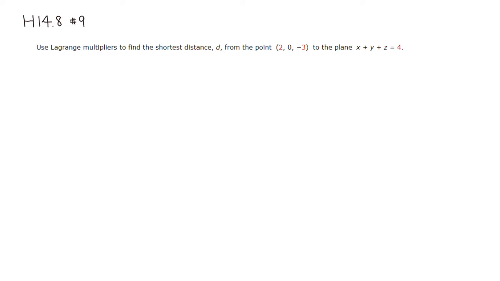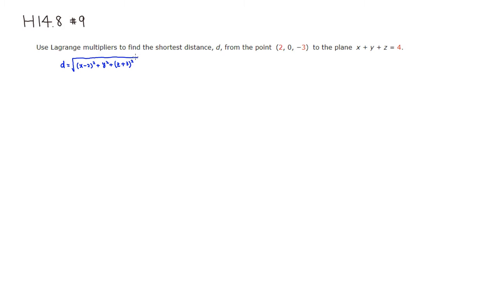Since it's a distance, we can use the distance formula: d is equal to the square root of (x minus 2) squared plus (y minus 0), which is just y squared, plus (z minus -3), so plus 3, squared.